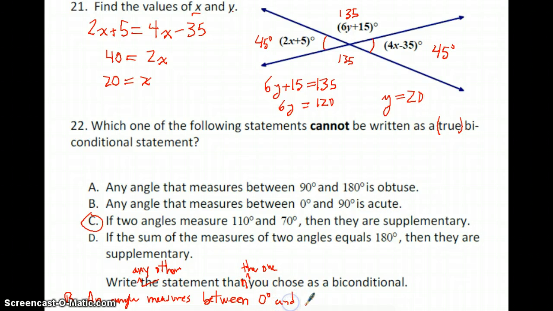An angle has a measure between 0 and 90 degrees if and only if it is acute. I should have typed this. It's a lot of words. Hopefully you can read that. But if and only if is the thing that makes it a biconditional. That is the biconditional. I can put it right here in this box. Biconditional magic happens with that.